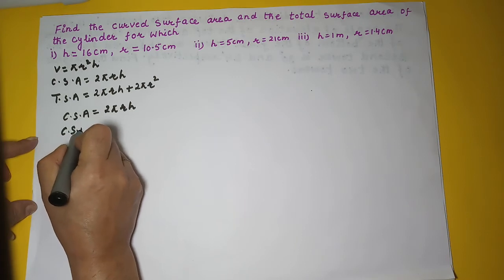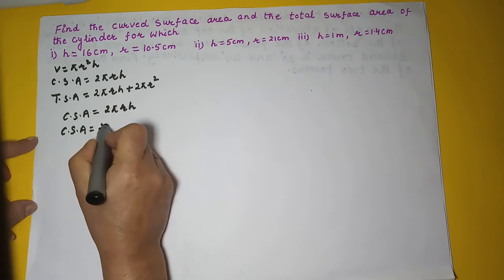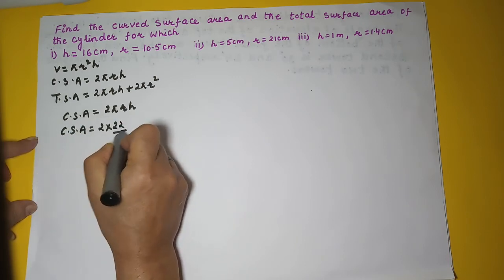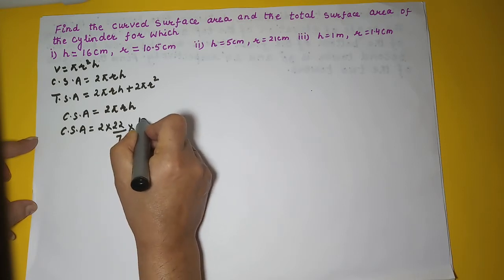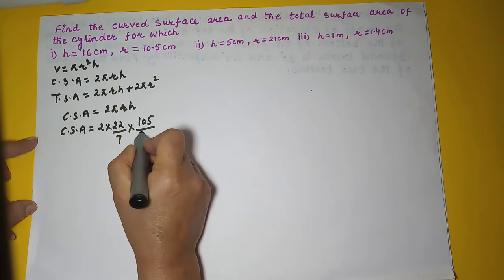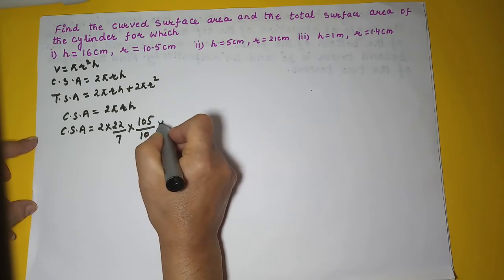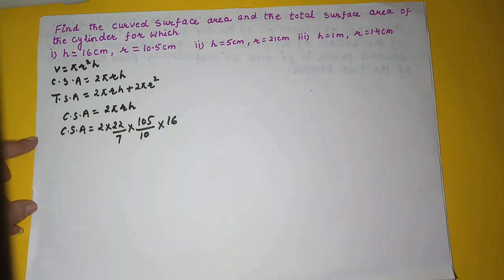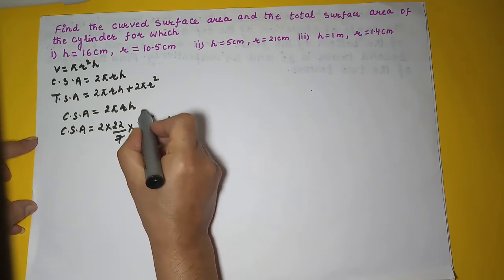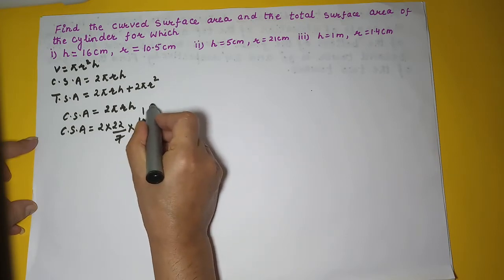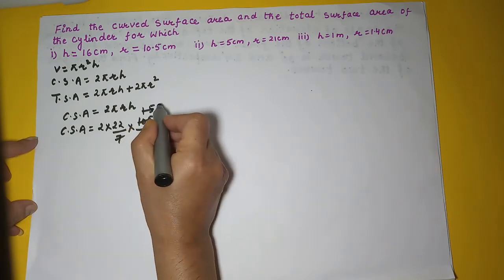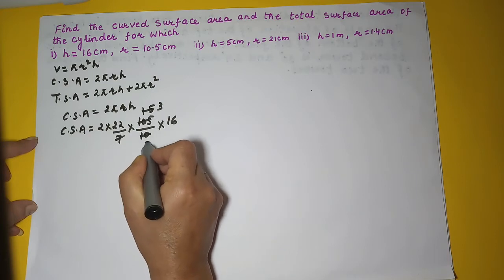So curved surface area will be 2 into 22 by 7. R, we can write it as 105 by 10, into h is 16, right? So 7 ones are 7, 7 fives are 35, 5 threes are, and 5 twos are.